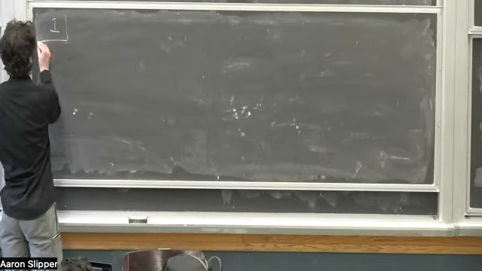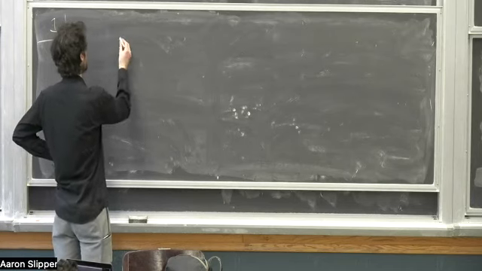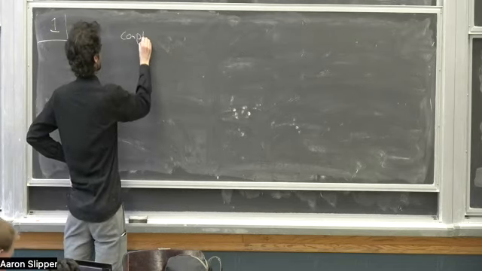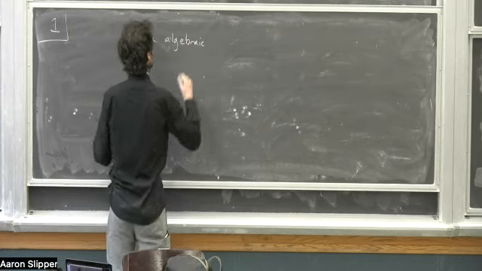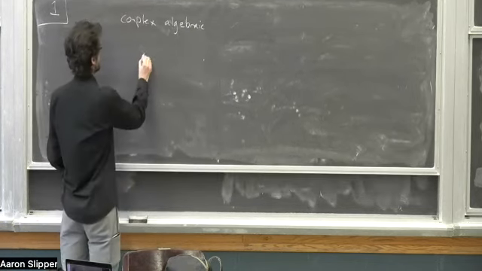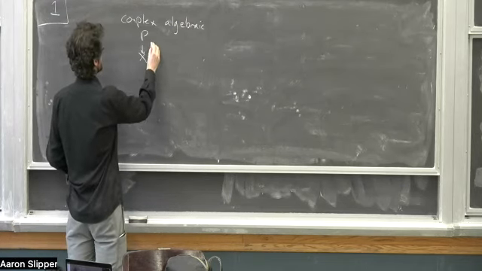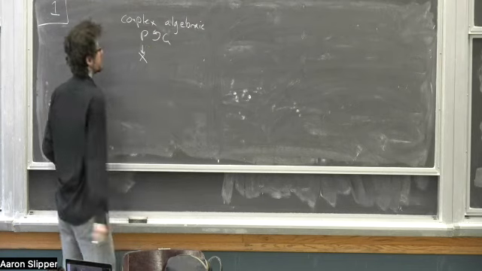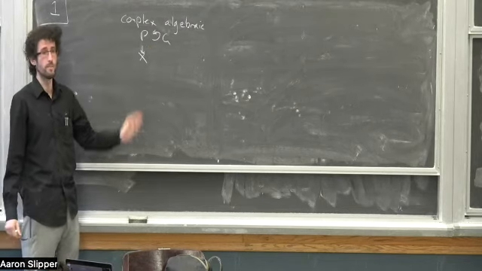So far, we've been working in the complex algebraic world. And in the complex algebraic setting, we had a G-bundle P over X with a G action such that locally it's a trivial G-torsor.